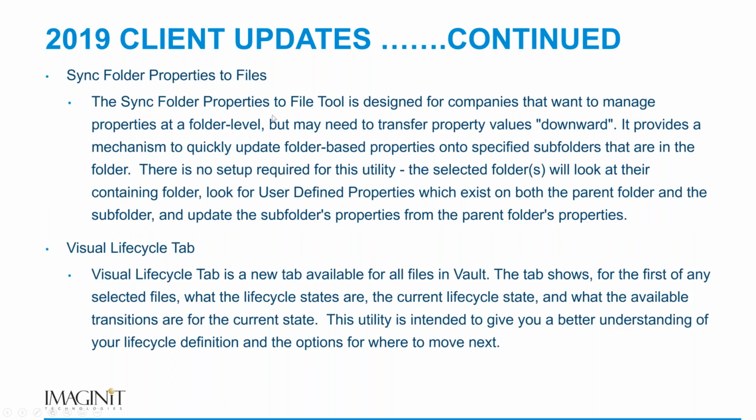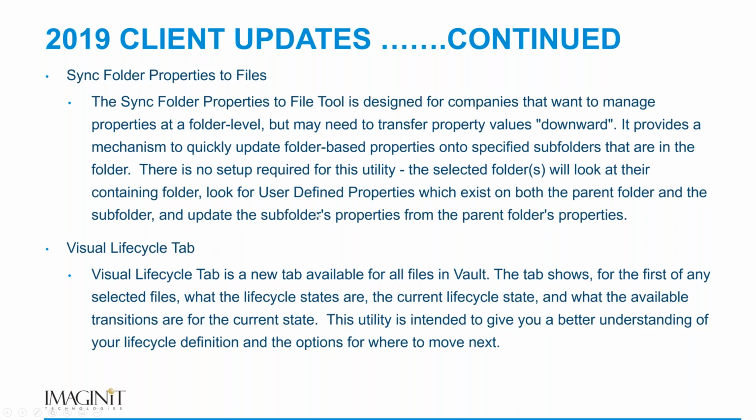Some other stuff for 2019 quickly, the ability of syncing folder properties to files. So if we have properties on folders within Vault, we can push those properties down to the files inside of those folders. Very helpful. Inside of Vault, you'll see when I switch over, we have the visual lifecycle tab.